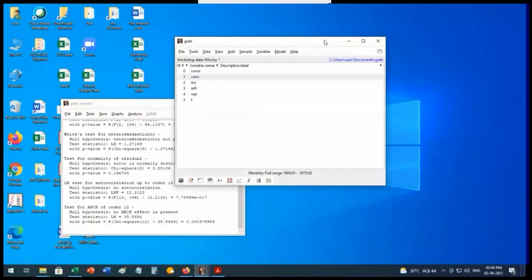Then again check, is there any insignificant variable? Remove that, run it again. Finally, we come to a model where all the lags and variables are significant. That is the specific model. So we are coming down from a general to a specific model.